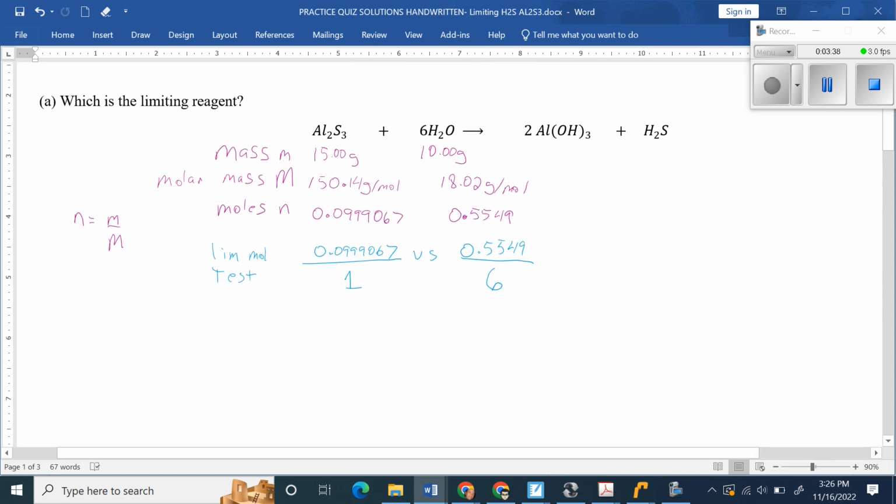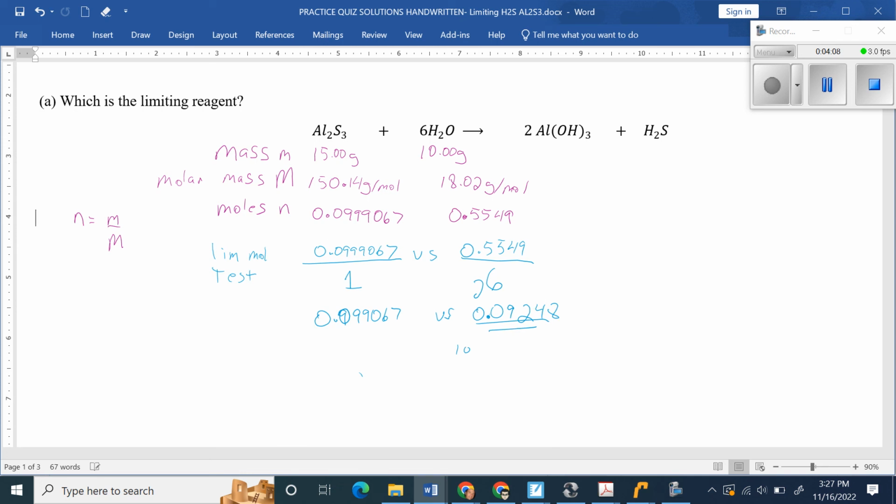Okay, and in this case, it's 0.09967 versus 0.09248. Right, so that one is lower, therefore limiting. And so that answers the first question, which is, what is the limiting reagent, right?